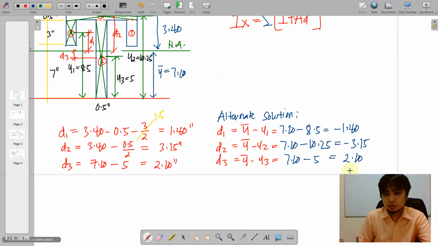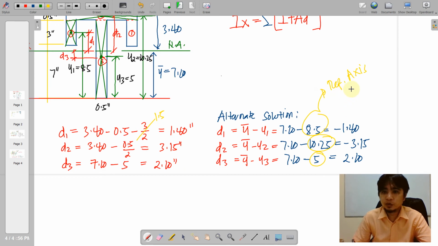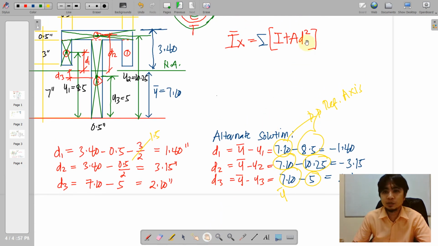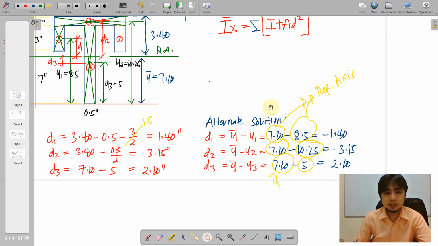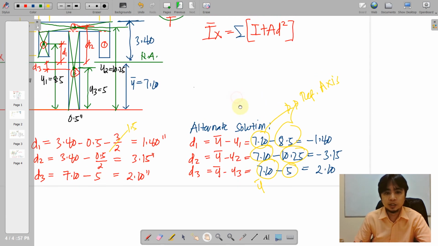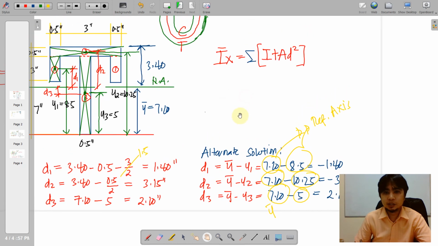That is equal to 2.1. So these are the distances which came from your reference axis, and this y bar is also measured from the same reference axis. So if you notice, we have the same values. However, there are negative signs here, but it does not matter because in your formula D is simply squared, which eliminates the negative sign. So this is the alternate solution for solving the transfer distances D1, D2, and D3.